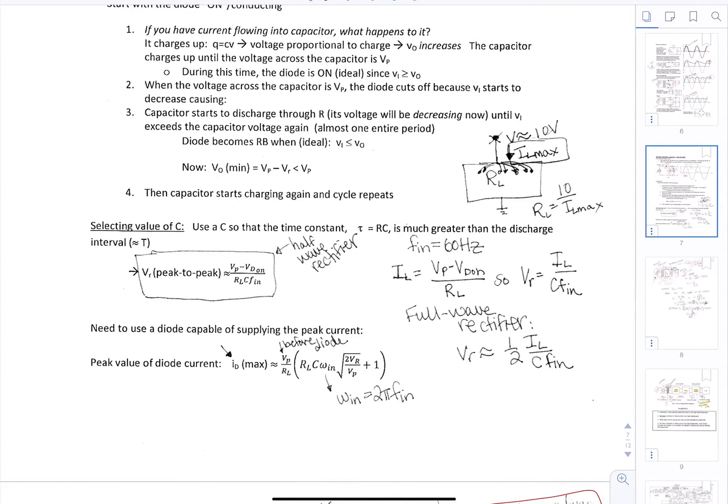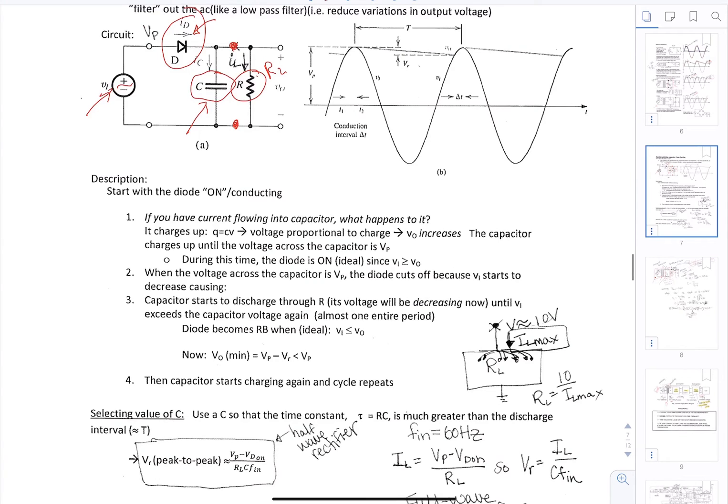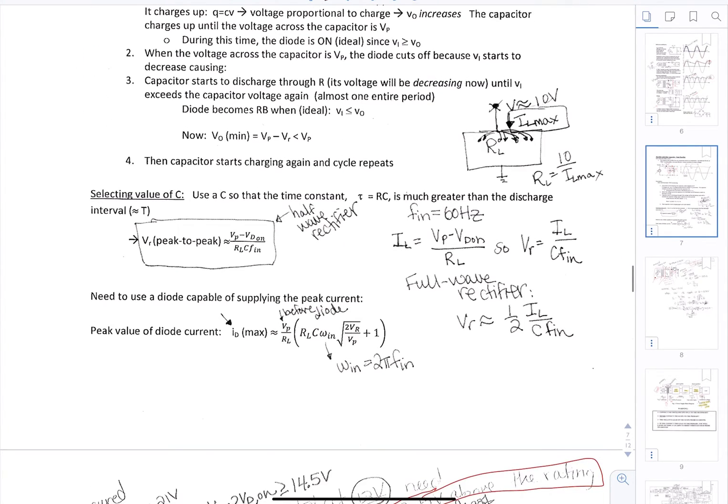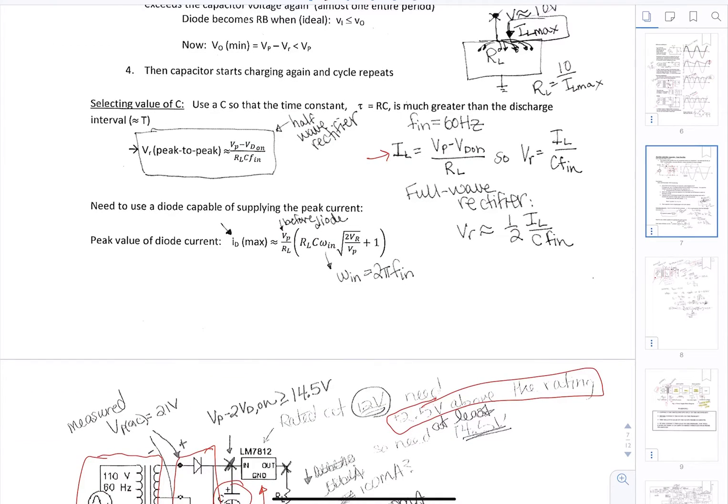So the equations for the capacitor that you're going to be wanting to understand is for the current. So your maximum current is going to be dependent on these. The voltage at the peak, VP, this is before your diode, so this is coming out of your power transformer. RL, I already described earlier, that's your load.